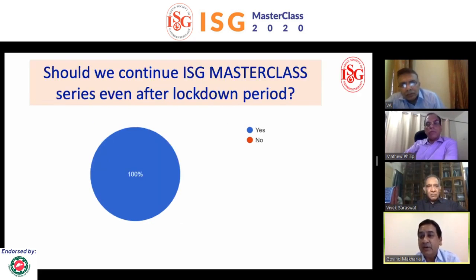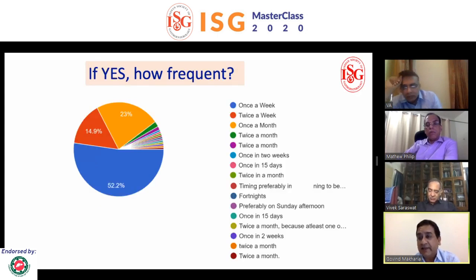Second, we wanted to know, since we had an opportunity during the lockdown period to do masterclasses, whether these masterclasses would be of interest later, once we come out of the lockdown state, because most of us will go to work in full scale. But the majority said yes, we should continue with these masterclasses, and that speaks to the value of all the speakers who spoke till now, who have been so wonderful.